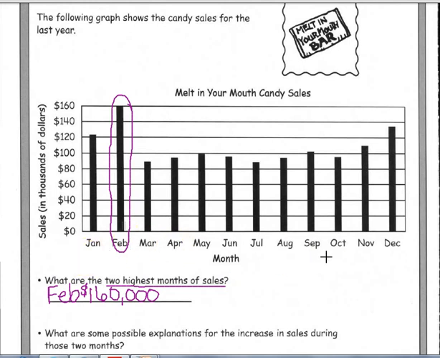Now we can look and see. I've got 2 that made over 120,000. I want to make sure that I am looking very carefully. I can kind of draw a line and see which one made more. Let's see if I can get this to work. Oh, that's a nice straight line here.